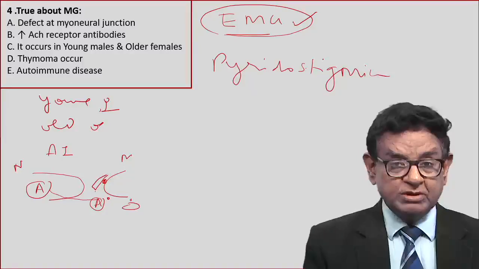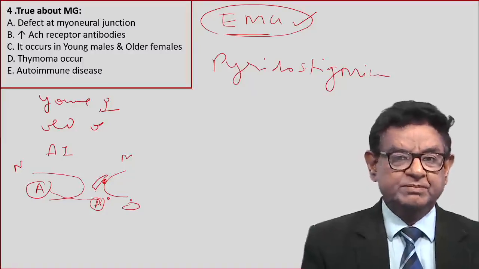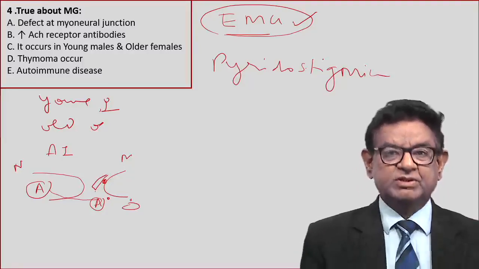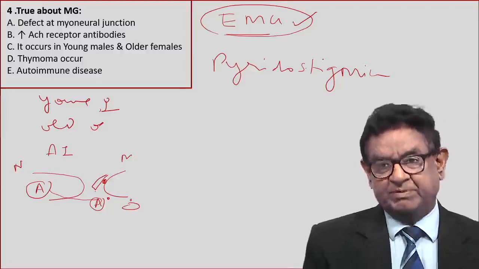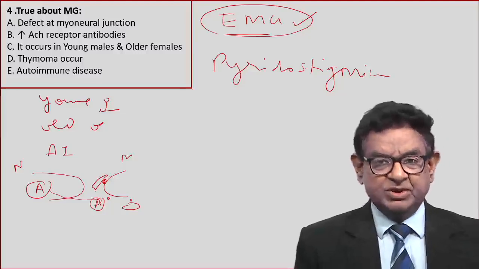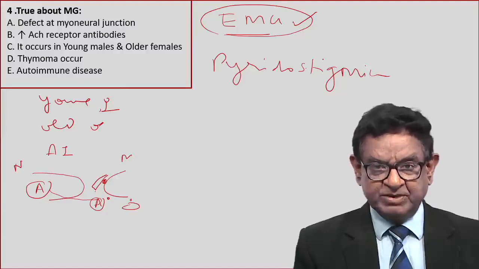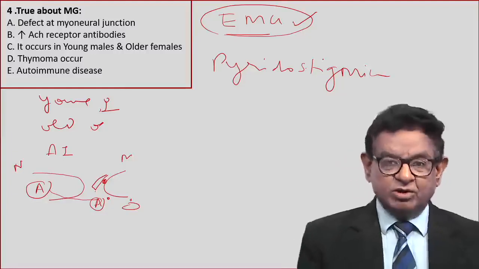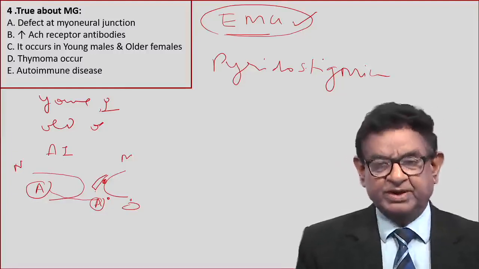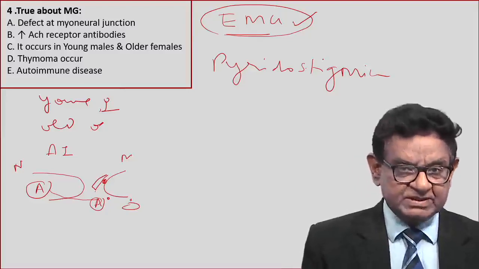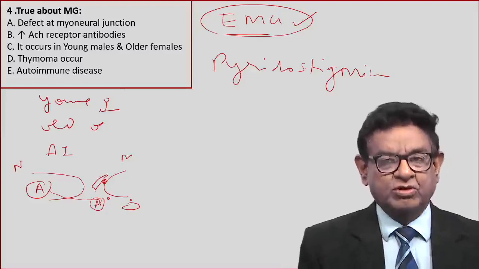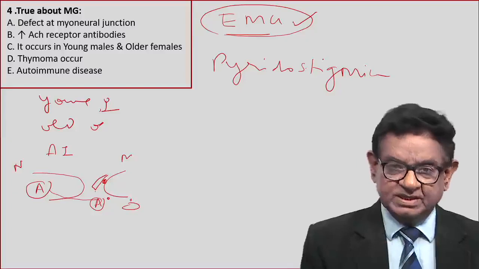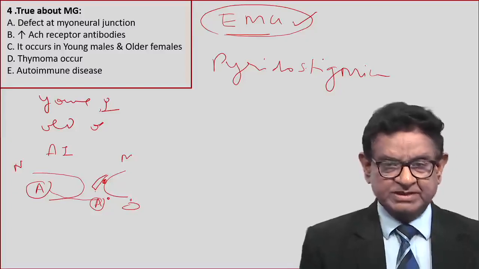Thymectomy should be done in all cases of myasthenia gravis with or without thymoma or thymic hyperplasia. But it is not done in children or above the age of 55, and it is also not done in those cases where myasthenia gravis is just confined to the eyes, so-called ocular myasthenia gravis. Otherwise, thymectomy should be done in all cases.